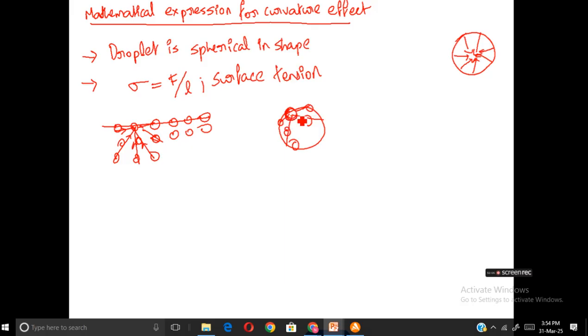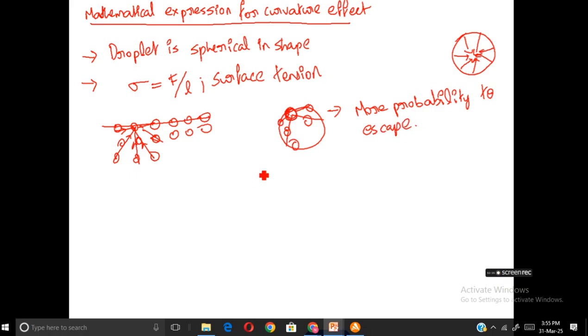The force experienced by this water molecule on a curved surface will be lower compared to that of a water molecule on a flat liquid surface. A molecule on a flat surface experiences more force, so on a curved surface there is more probability to escape.